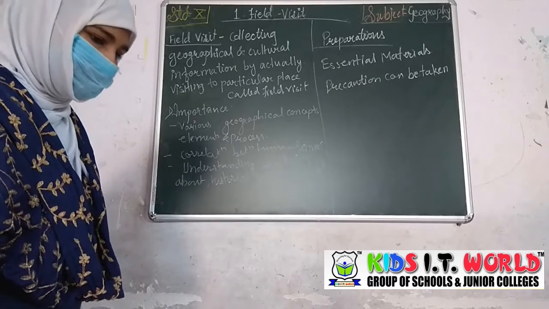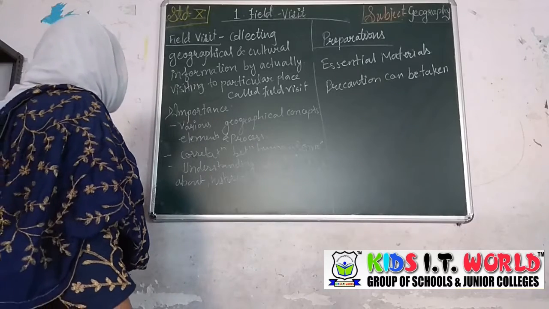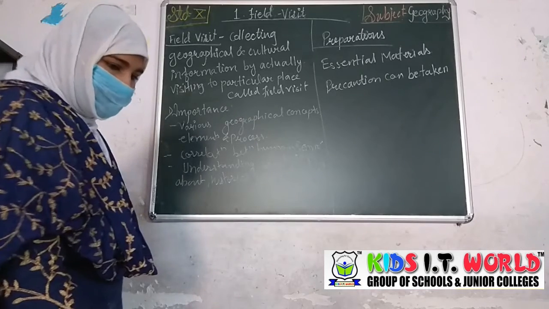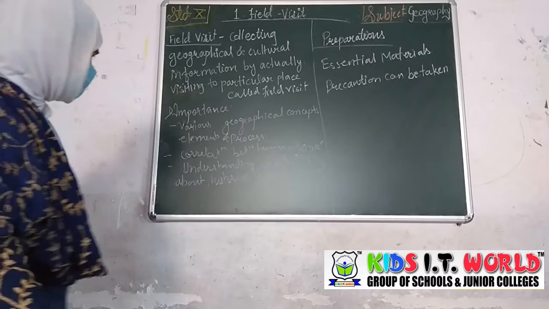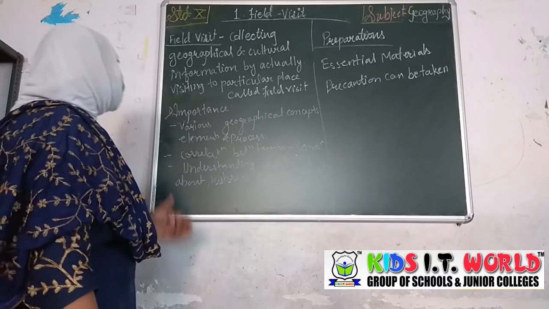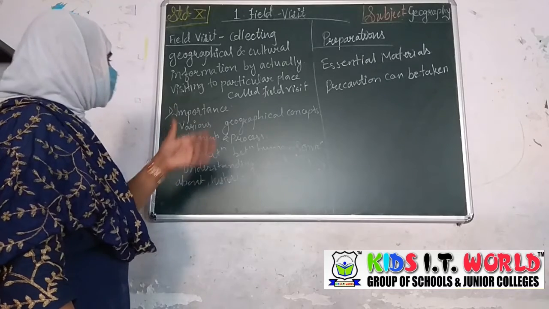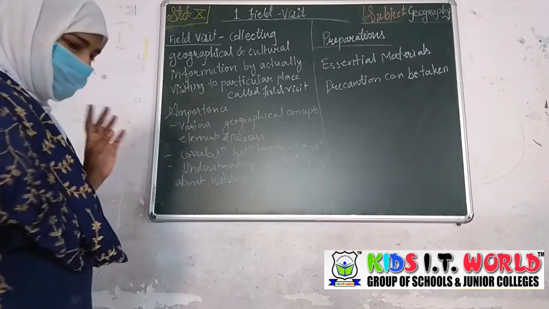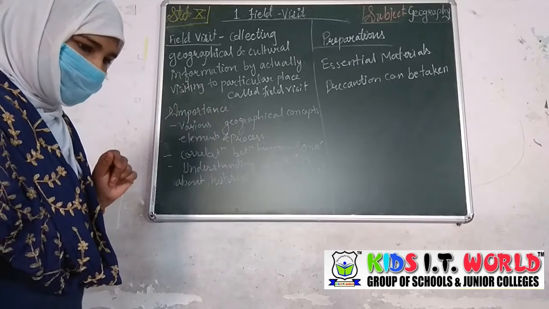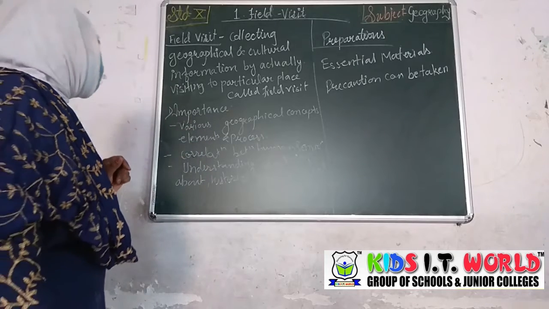Field visit helps in understanding various geographical concepts like elements and processes through direct experience. As we visit the place, we directly get experience of the various geographical concepts of the place that we are visiting. Next, it helps in understanding the correlation between humans and environment.